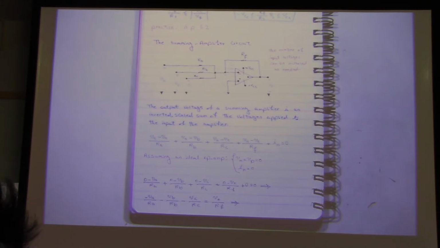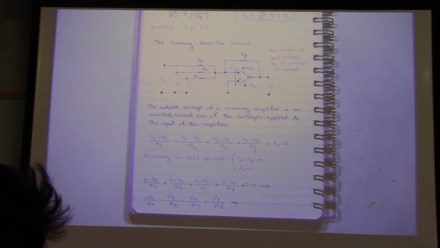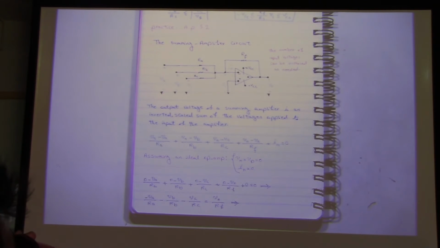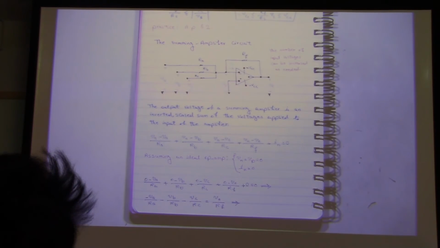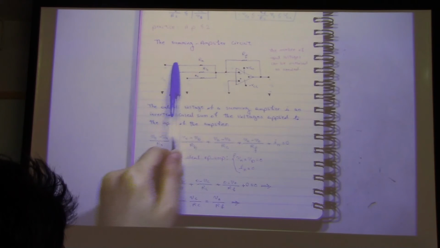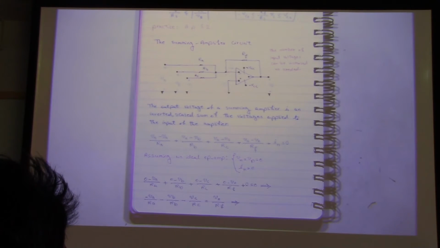Okay, for the next amplifier, the summing amplifier circuit is something like this. Again, you see the negative side over here. We have different voltages as input: VA, VB, and VC. And this one is grounded.